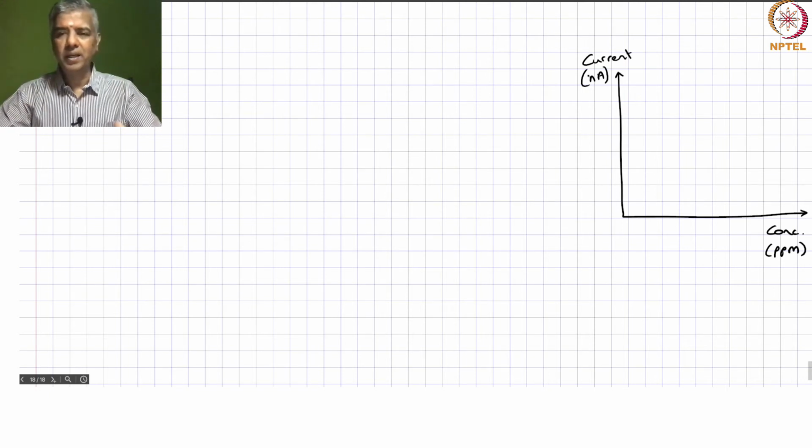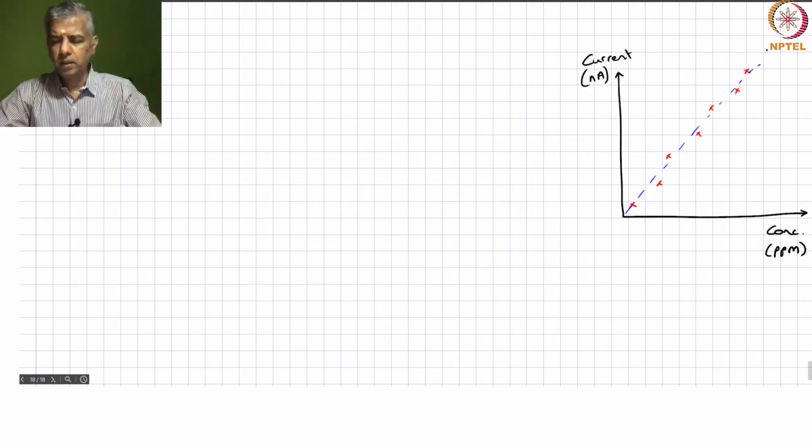We will see why linearity is important, but you may be making measurements like this, and so on. So at different concentration values, you have different measurements done. If you do a linear fit to that, it might look something like that.